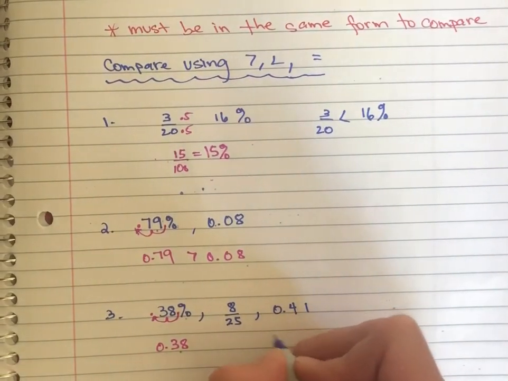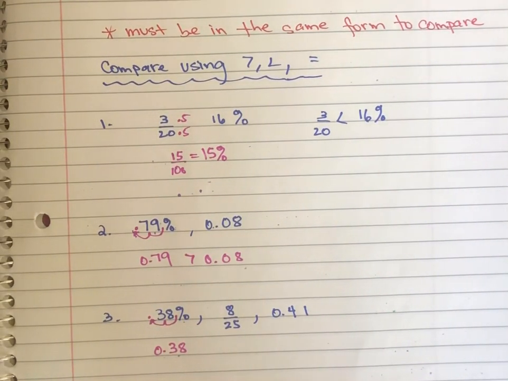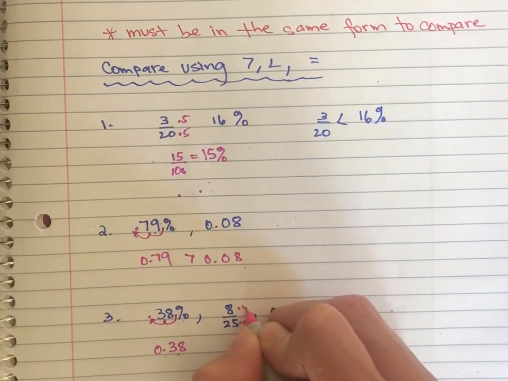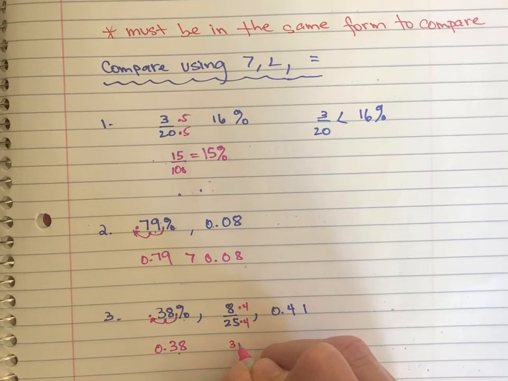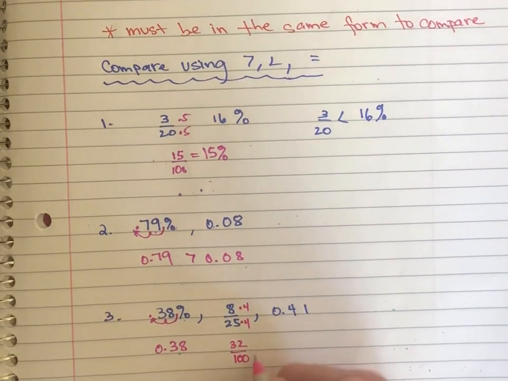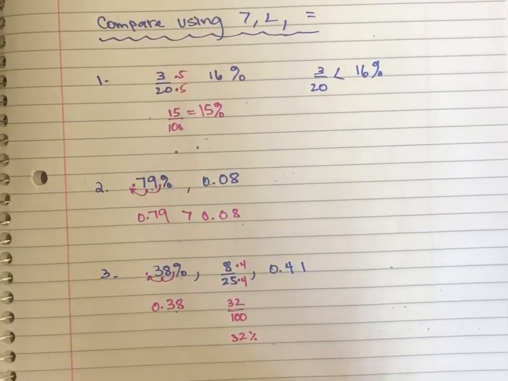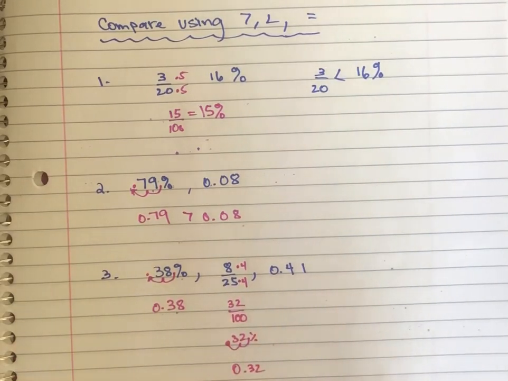You may want to change it to a percent first, maybe that's easier. So if we were to change it to a percent first, I would multiply these by 4 to get 32/100, which I know is equal to 32%. Then I can move it twice to the left, and I get 0.32.